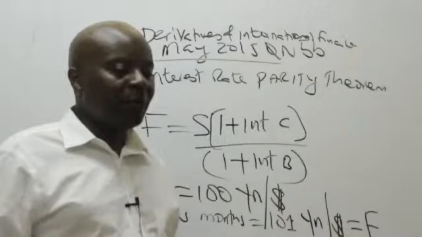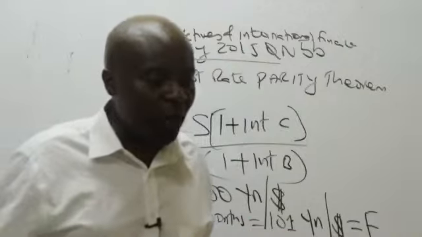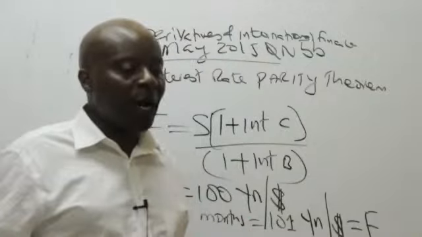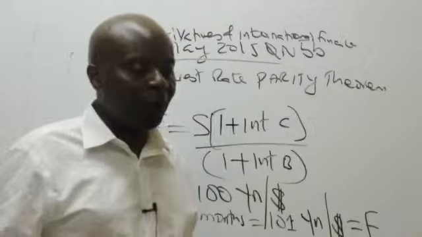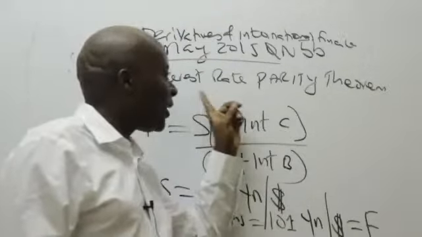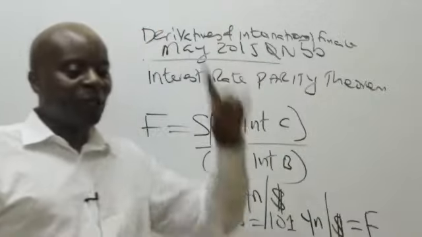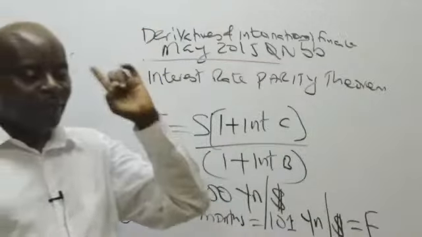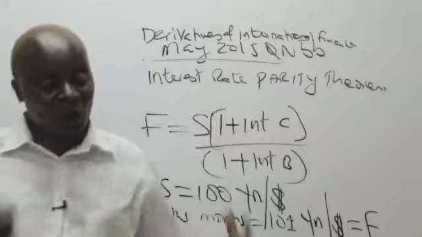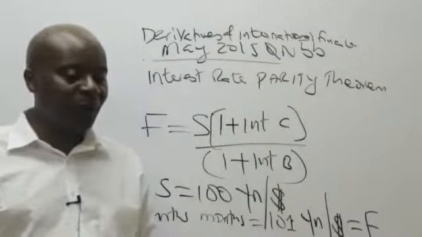So they would want me basically to write down the interest rate parity theorem. At least 1 mark I'll be able to put down, the low-hanging fruit. I'll write this formula down.